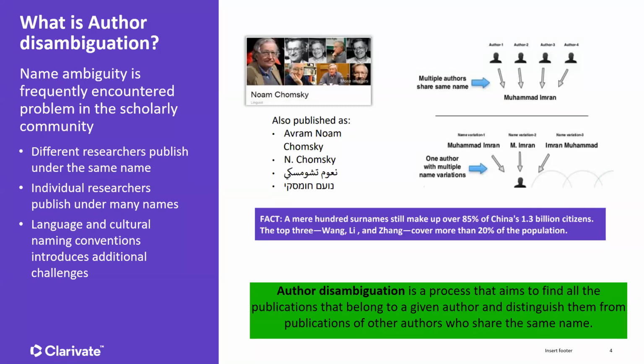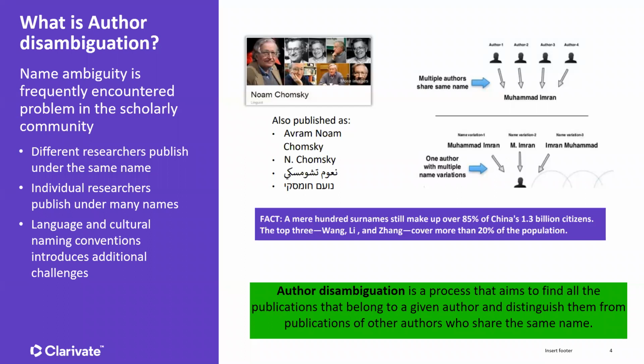If we look at some of the global situations, we can see that a mere 100 surnames still make up over 85% of China's 1.3 billion citizens. The top three, Li, Wang and Zhang, cover more than 20% of the population. So that's a vast number.